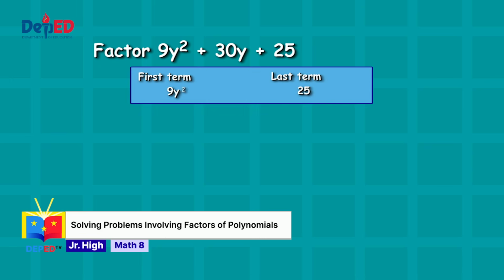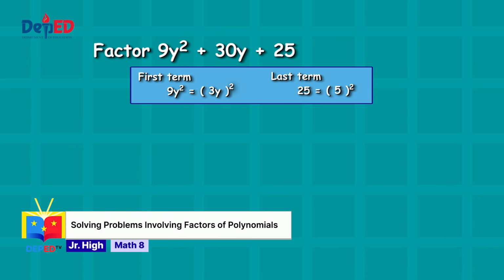A perfect square trinomial can be factored by expressing the first and the last terms as squares of other expressions. What is 9y squared equal to? 9y squared is the square of 3y. How about 25? 25 is 5 squared.